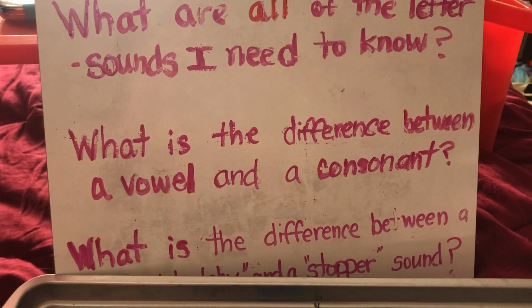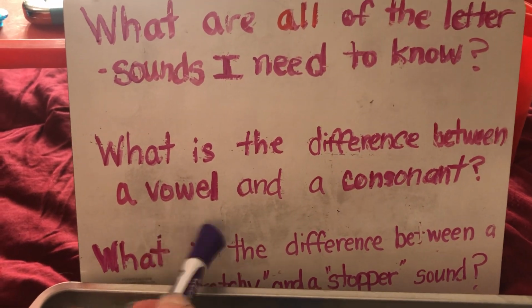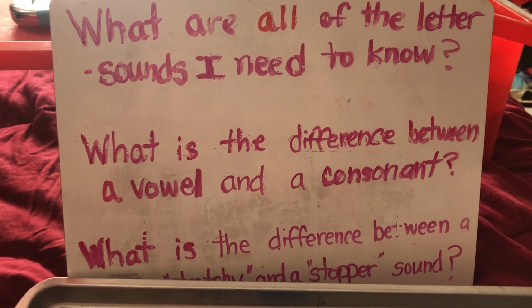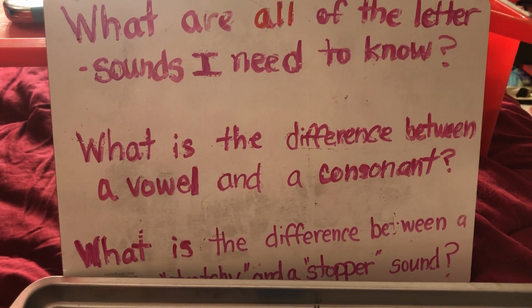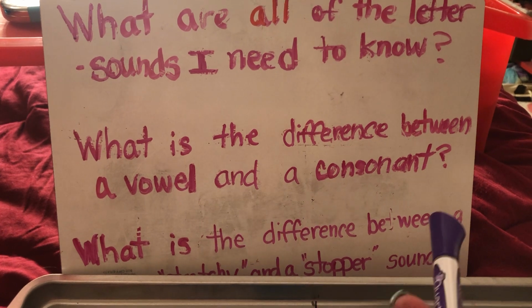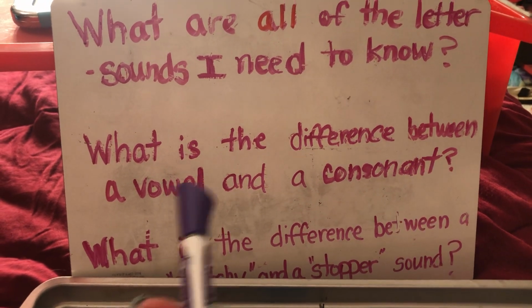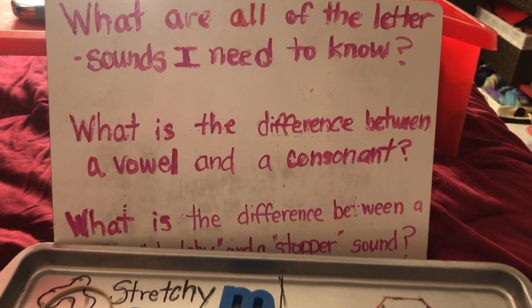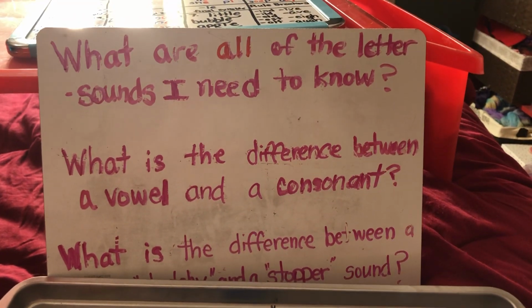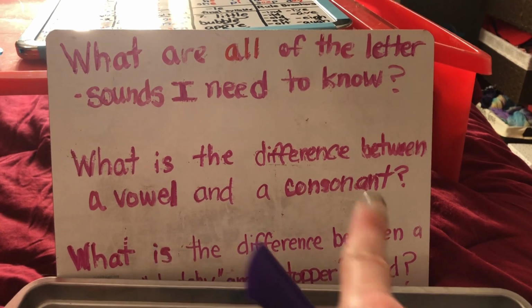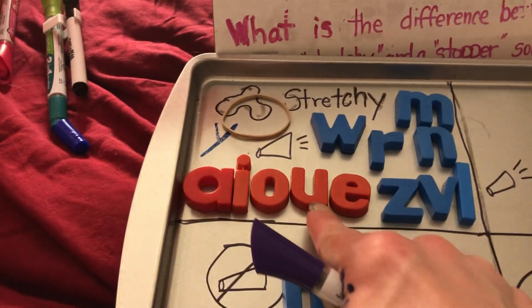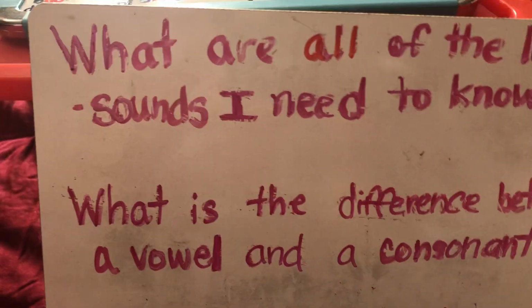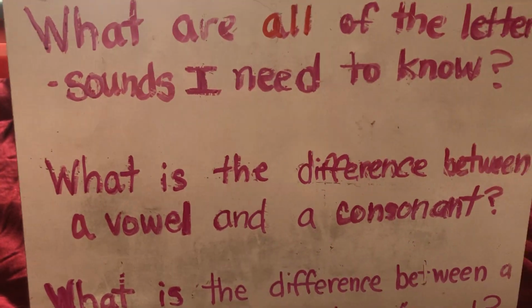And we talked about how vowels have more than one sound, and one of them is stretchy only. Would that be the vowel sound or the consonant? I don't know. But turn and tell someone at home the 3 big differences between a vowel and a consonant. And don't say that vowels are red and consonants are blue. We're focusing on the sounds that they represent.